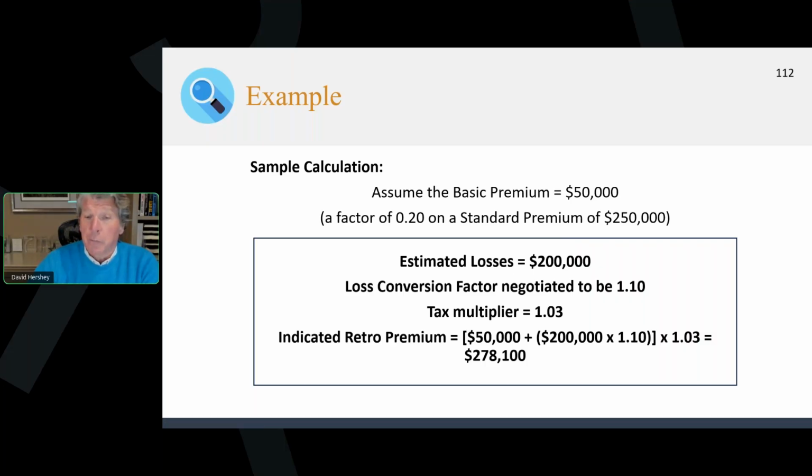The tax multiplier, ironically, has to be the correct percentage based on the actuals for each state. And the standard premium had to have been 250,000, which means your payrolls had to have been exactly what was predicted. Never going to happen. This is only an indication.